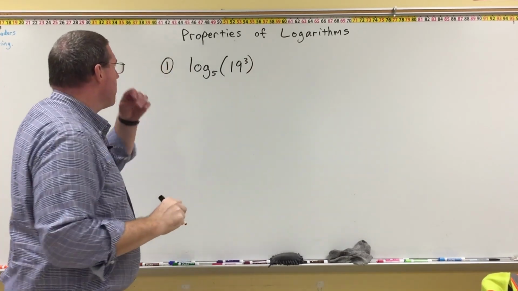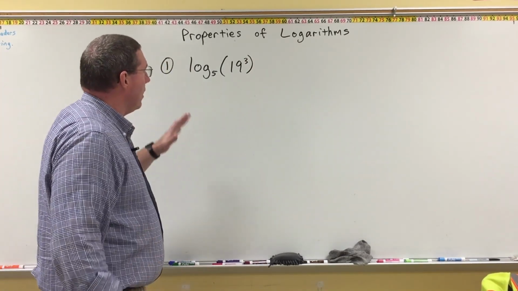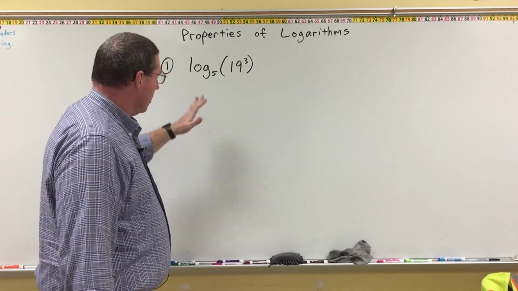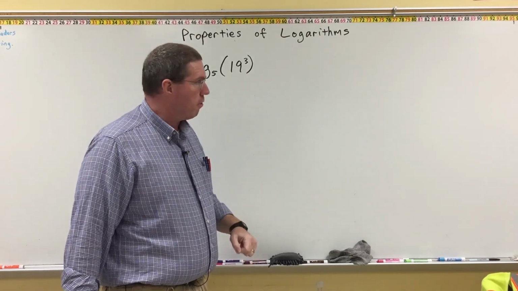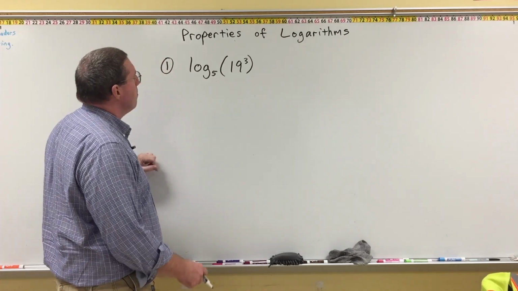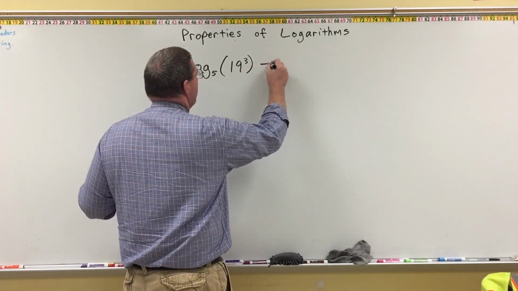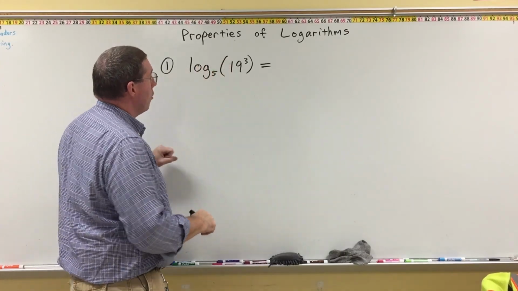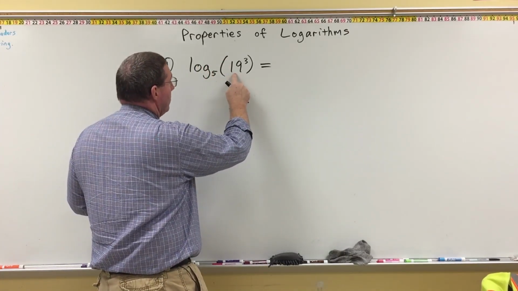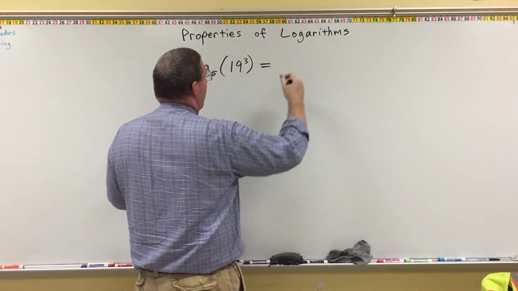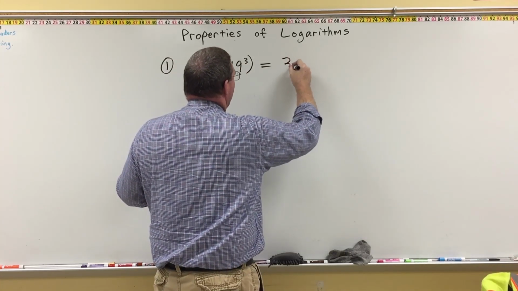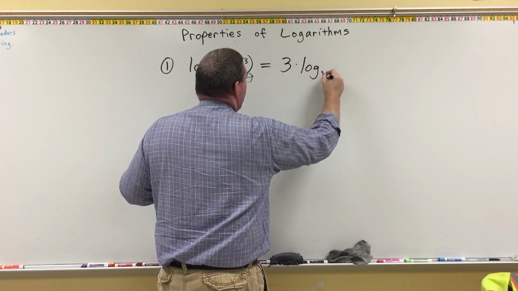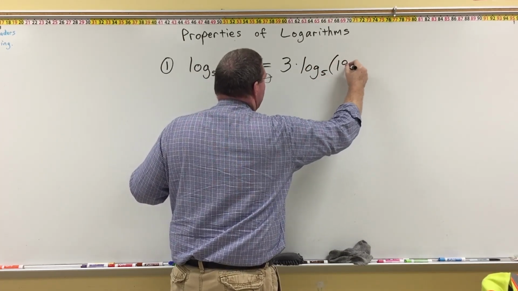Some people call this the exponential property of logarithms, which is interesting because logarithms themselves are an exponent. Let me give it to you and then see if you can figure it out on your own: log base 5 of 19 to the third power is equal to 3 times log base 5 of 19.